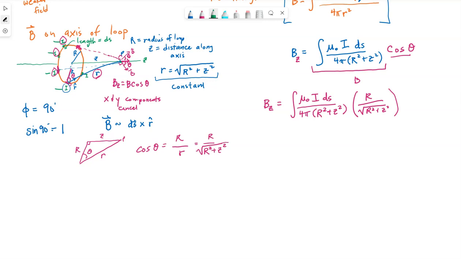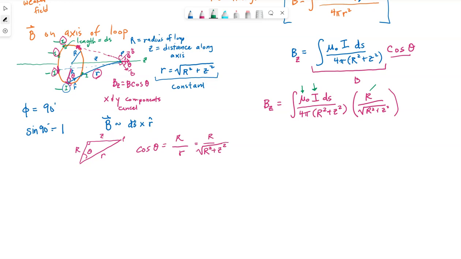All of them are contributing to the magnetic field at point P. All of them are going to have the same current. Mu naught already is a constant. ds just means the length of each piece. That's going to be the same. We're assuming we're cutting this loop up into a whole bunch of similarly lengthed pieces.